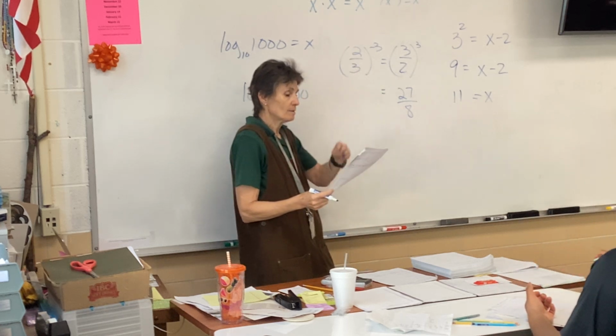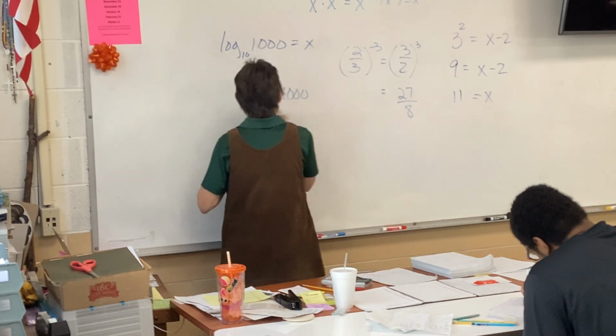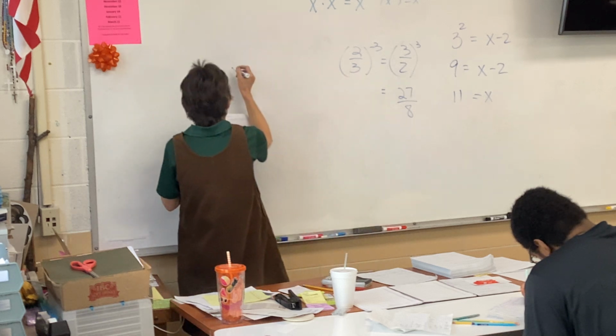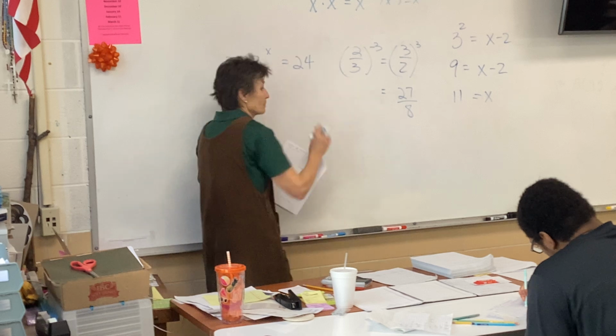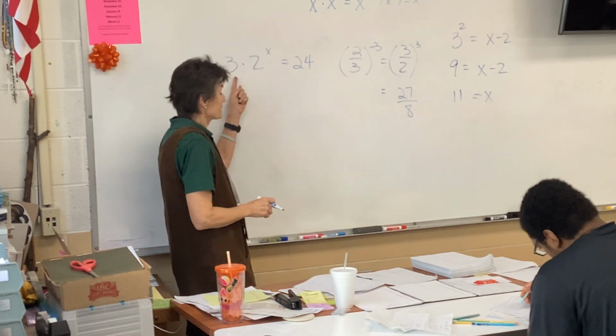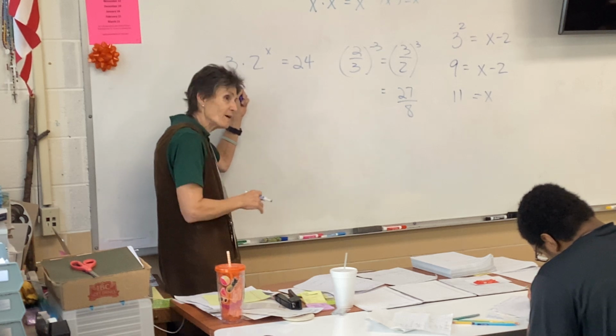B is next, problem B. A little bit different. 3 times 2 to the x is 24. Step 1, there's that number again. We always divide that out.